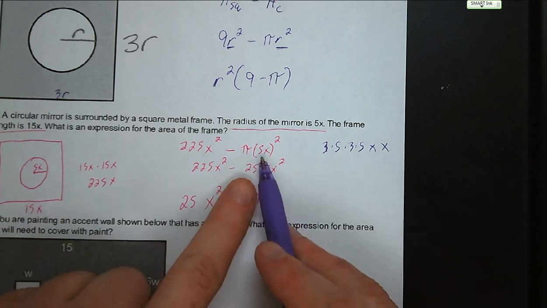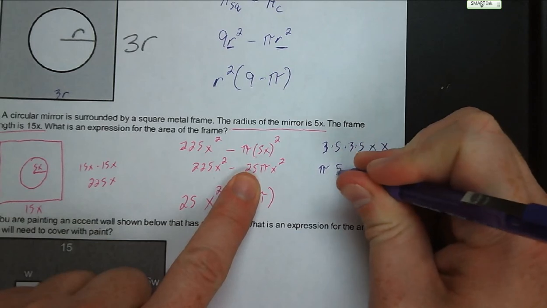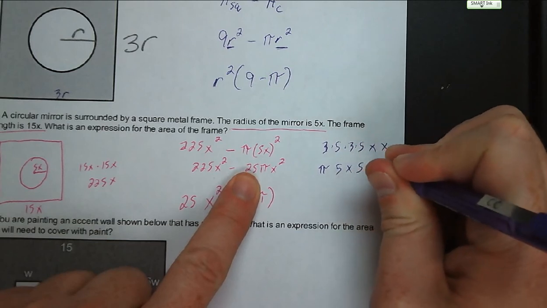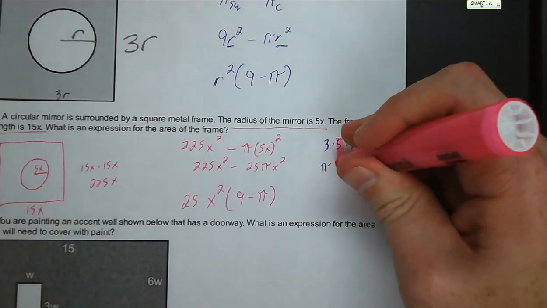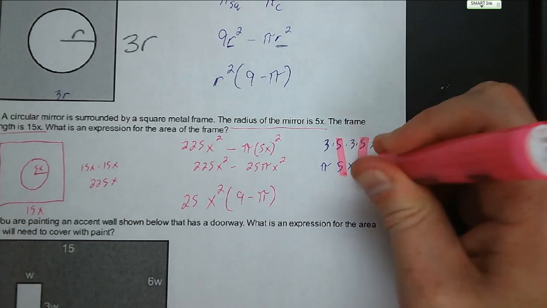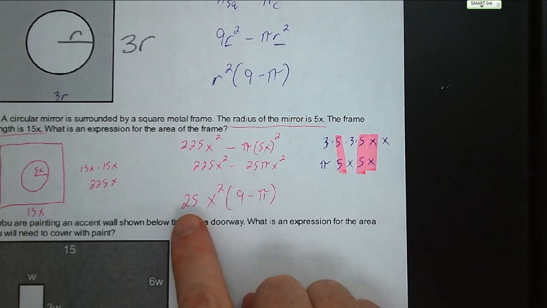My second term has pi, 5x, 5x. Well, what's my common factor? I have a 5 and an x. 5 times 5 is 25.